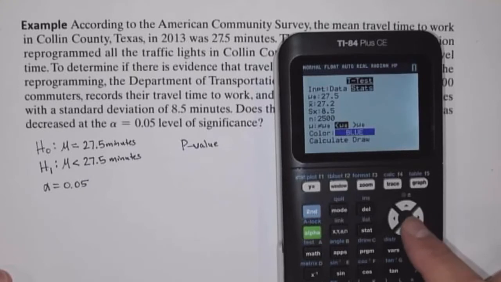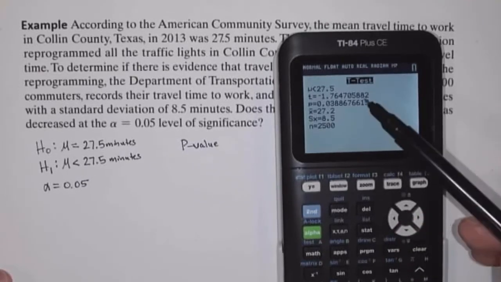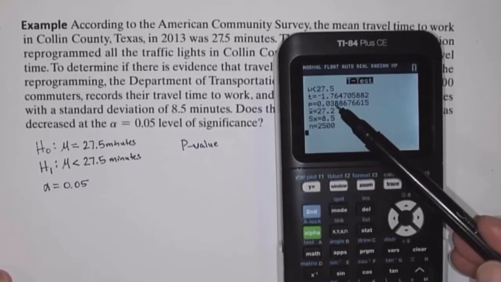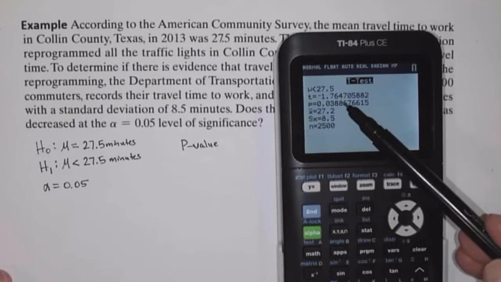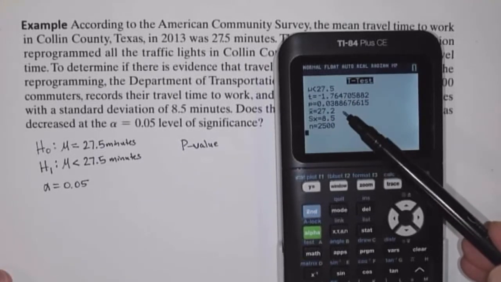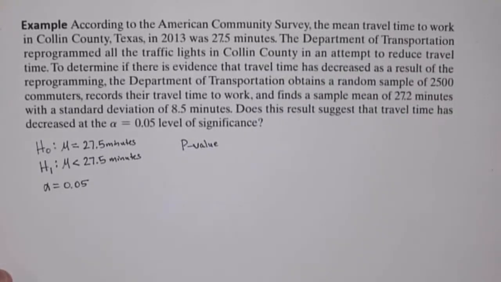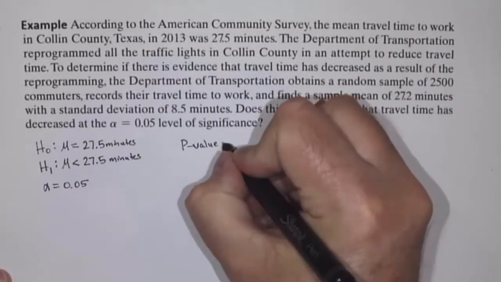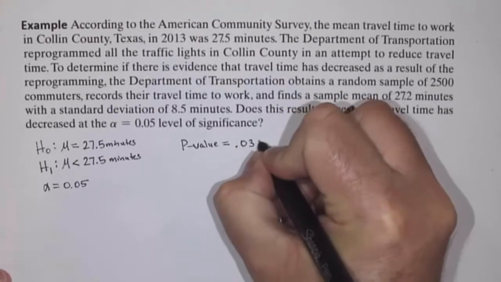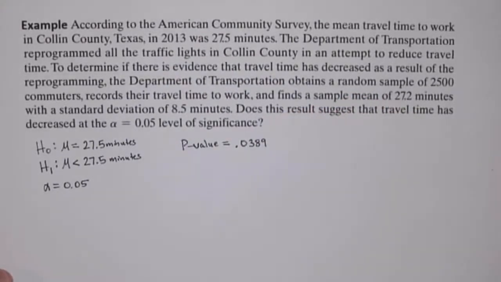Our alternative hypothesis is less than, and so if I compute, the calculator returns both the test statistic, which is negative 1.7647, and I get a p-value of 0.0389 if I round to 4 places. So my p-value is 0.0389.